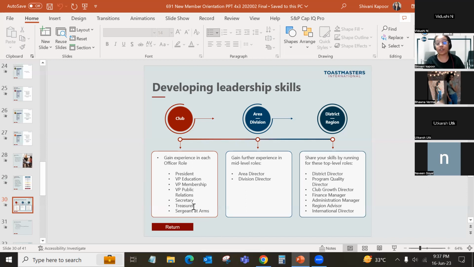Then we have the treasurer. The treasurer is someone who collects the money, the fees that you pay, and enrolls you in the Toastmasters International website as a member. Whenever the renewal cycle comes, in October the new renewal cycle will start and we have to renew our membership because we have paid our dues only till October.